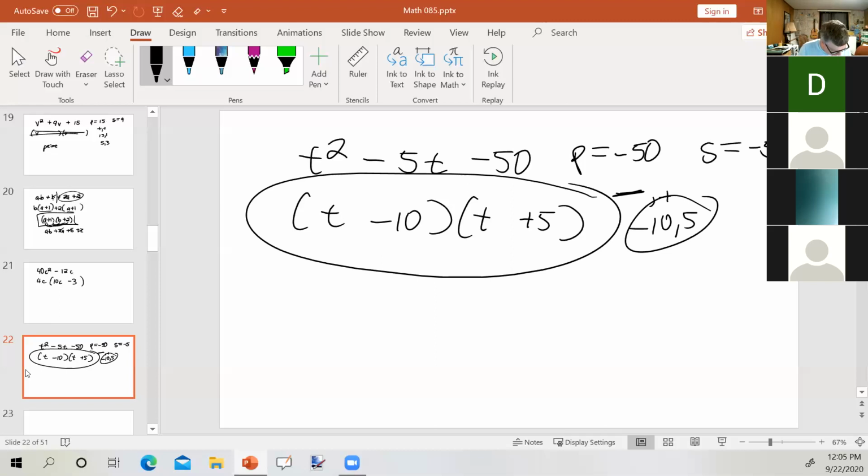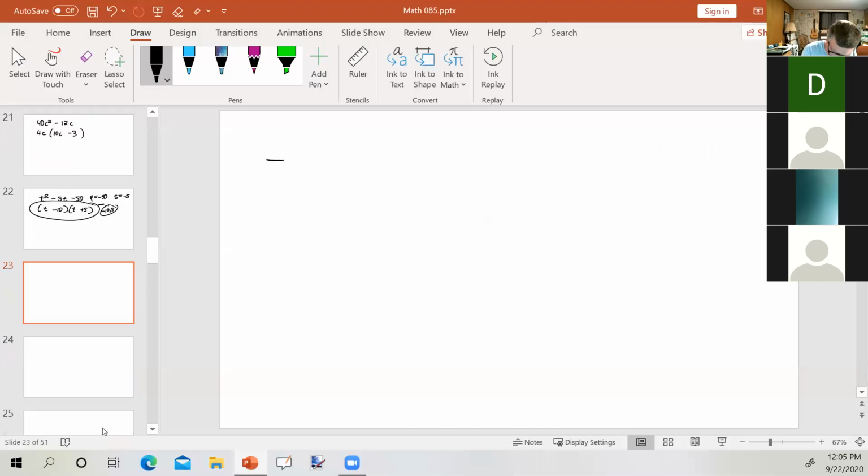Okay, let's see here. How about this one? Negative c to the 5th power plus 16c to the 4th power plus 80c to the 3rd power. Well, this is a trinomial, and it's in standard form. What's the greatest common factor? Negative c squared. Right, and good for you to take out.